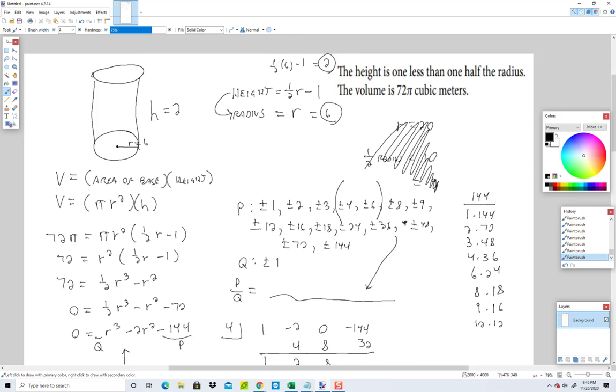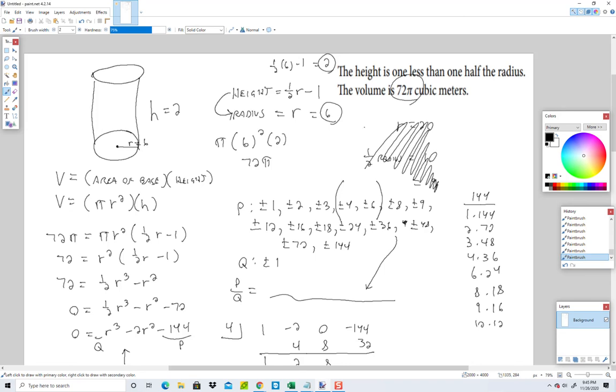And radius is equal to 6. Let's see if that makes sense. So pi times r squared, so 6 squared, times h, which is 2. 6 squared is 36, times 2 is 72, 72 pi. That makes perfect sense.